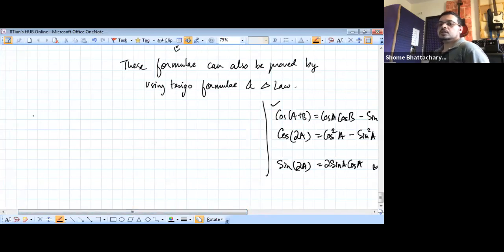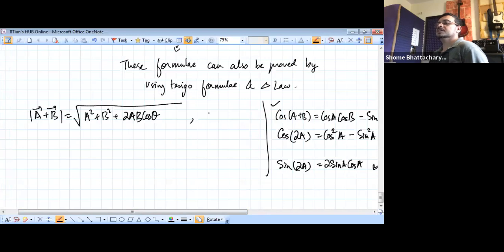In the formula, magnitude of A plus B is equal to root of A square plus B square plus 2AB cos theta, put the condition that mod A is equal to mod B. In other words, B's magnitude is equal to A. Just substitute that over here.